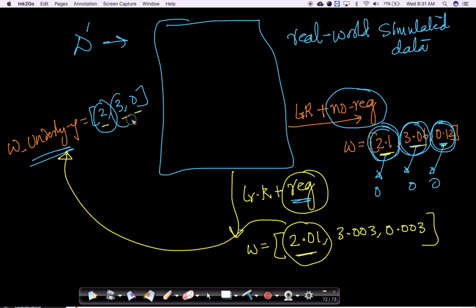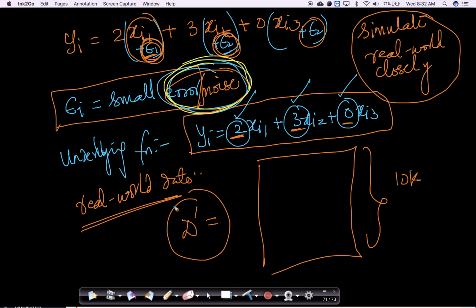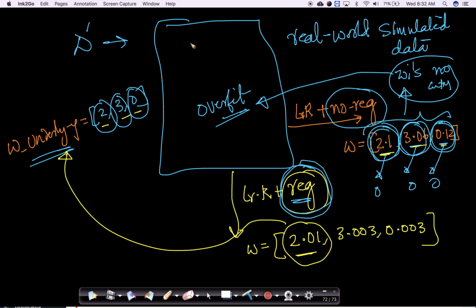Remember, your D dash was generated using some error and noise. But they don't care. They are just given a data set. When you don't have any regularization, your weights are not controlled in any way except through loss. So they will only try to minimize the training loss, which means they will overfit.